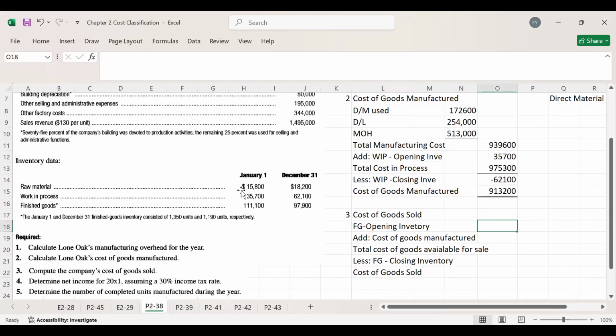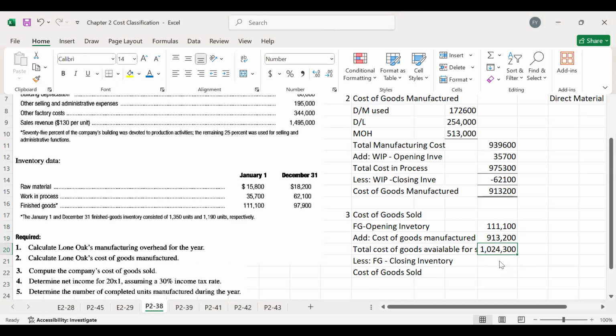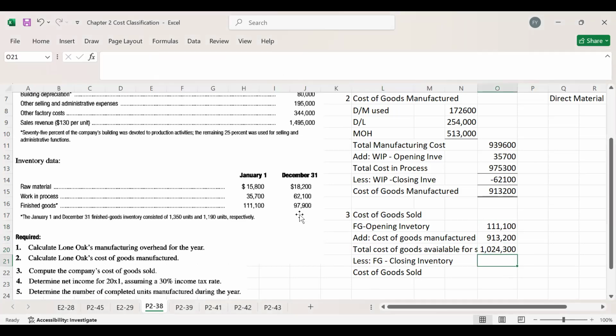Finished goods opening inventory is given, which is 111,100. So we start from 111,100. Then we add cost of goods manufactured, which we have calculated in the previous requirement, which is 913,200. By adding these two, we get cost of goods available for sale, which is 1,024,300. And in last, we will deduct finished goods closing inventory, which is minus 97,900.